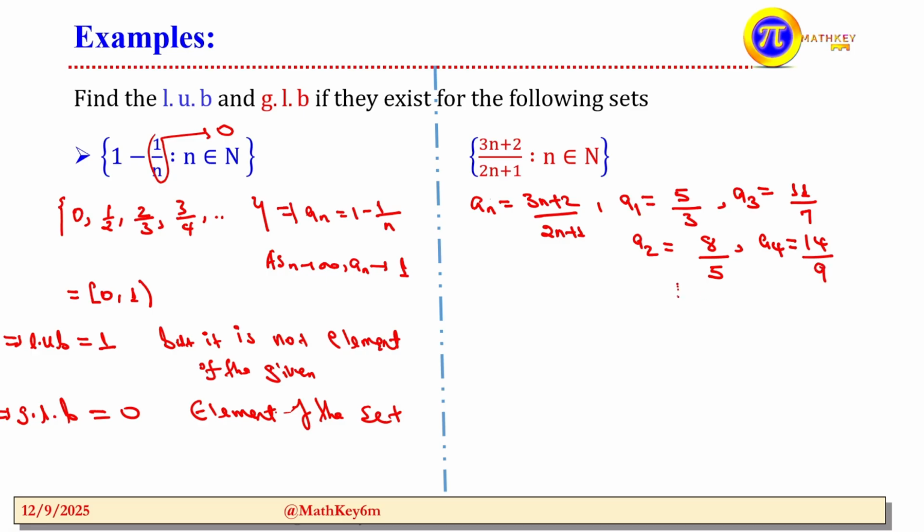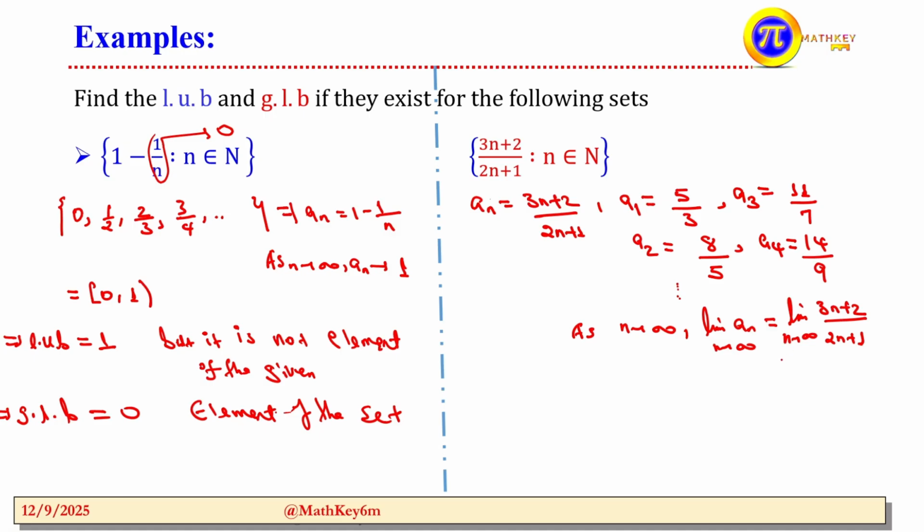And when n approaches positive infinity, what is the limit of this one? The limit of an as n approaches infinity goes to what? Since it is infinity over infinity, we can find this. The limit of (3n plus 2) over (2n plus 1) as n approaches positive infinity.